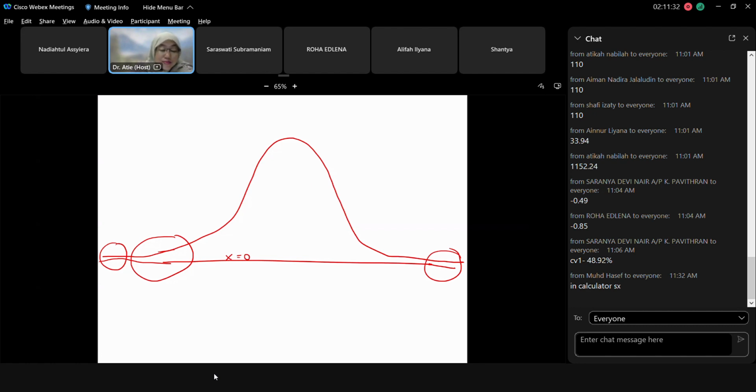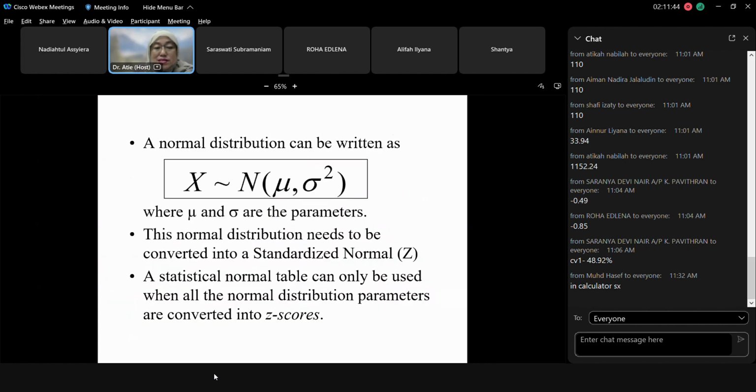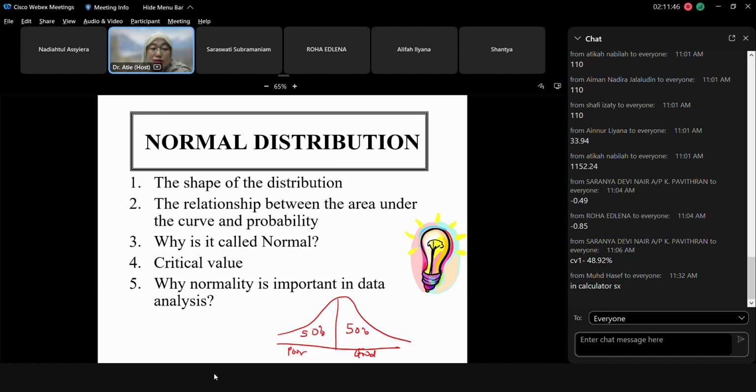Okay, so I will explain page 44 to you on Sunday. At least you know that what we will learn on Sunday is regarding the normal distribution. So you already know the distribution, the shape, and the relationship between the area under the curve and the probability.